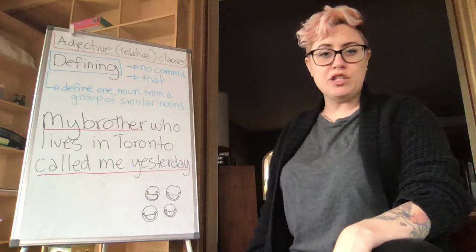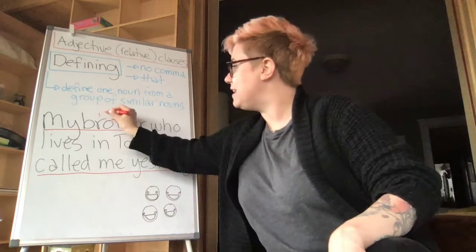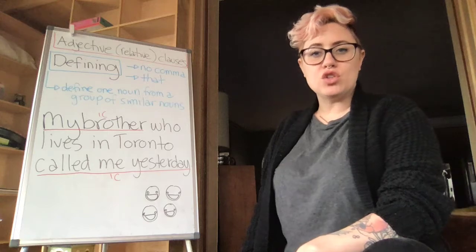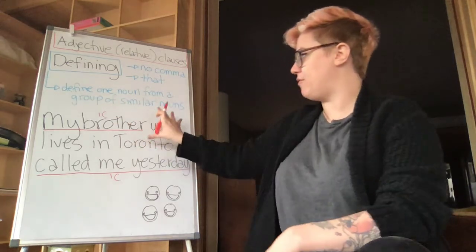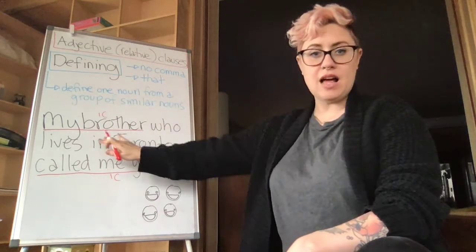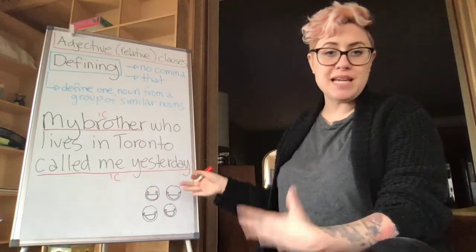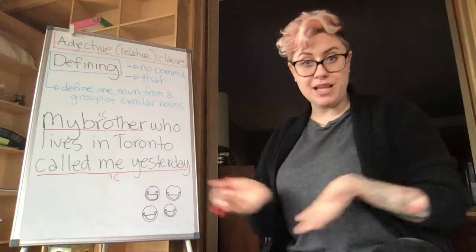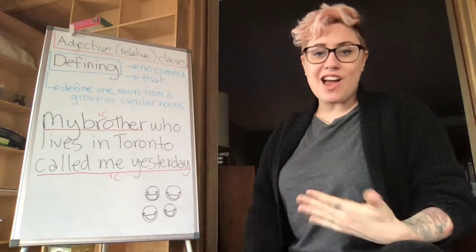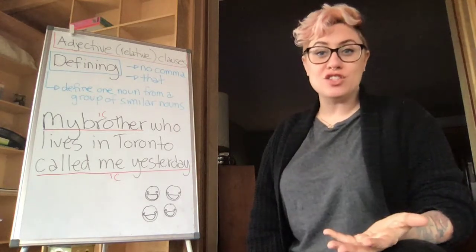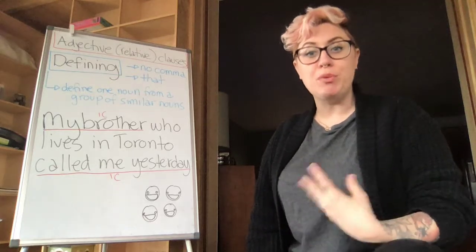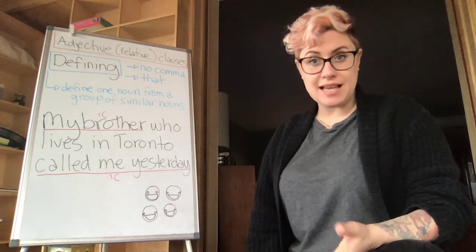My brother called me yesterday is the independent clause. So if we removed this part of the sentence, my brother called me yesterday could be a complete sentence alone by itself with complete meaning. But our sentences in English are not so simple. Sometimes they are a little more complex. We have multiple clauses in one sentence.